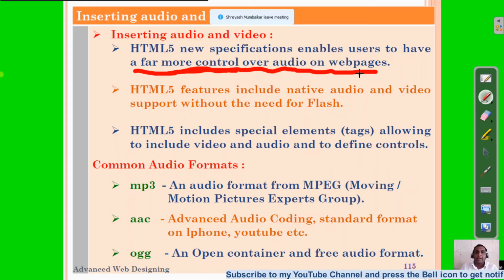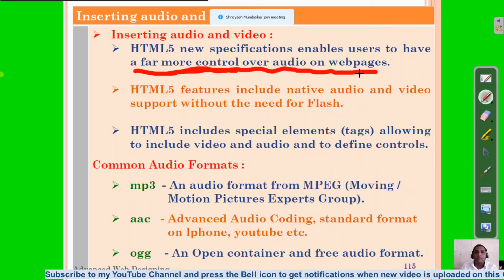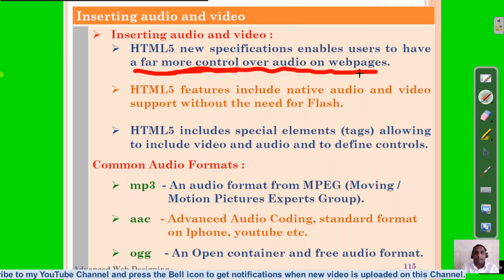HTML5 features include native audio and video support without the need of Flash. HTML4 required a special plugin called Flash. Plugins are the extra software needed to execute a particular file.